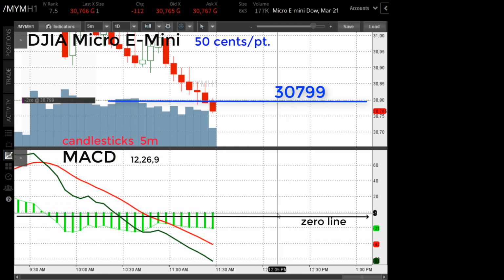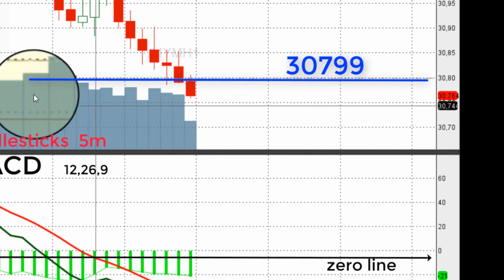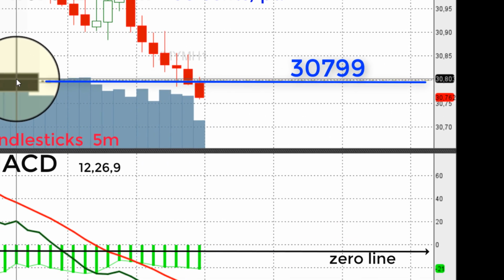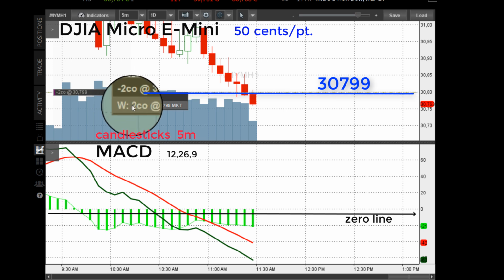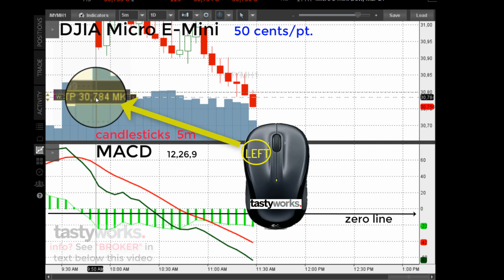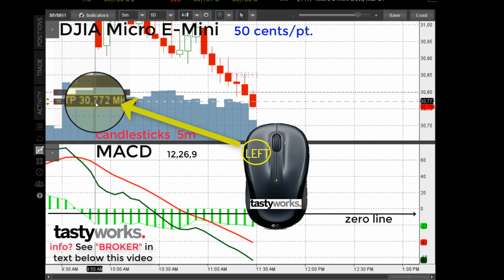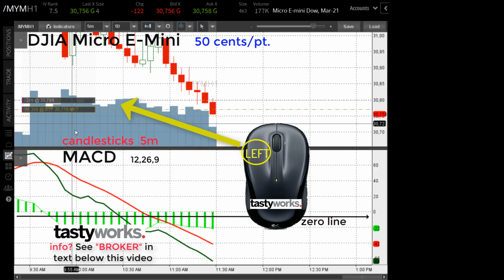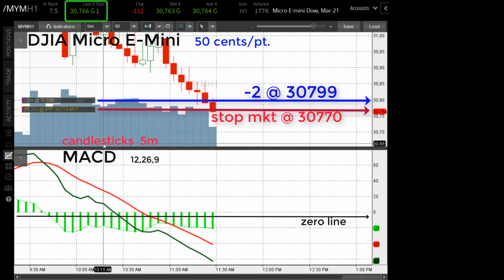And there I finally settle on it right there. And I see I'm trading down in the 30,767 range down there, which is almost 30 points below where my stop is now. So I'm going to go over here and use the click and drag again. Move my stop from break-even money down to 30,770. That means I just locked in a $29 profit on this trade by moving that stop.